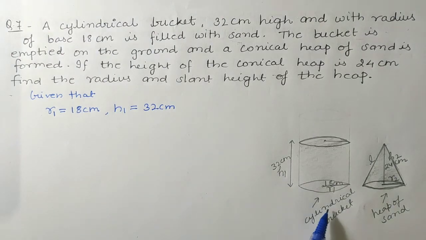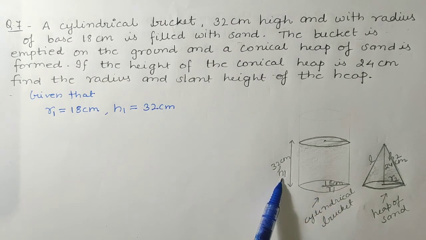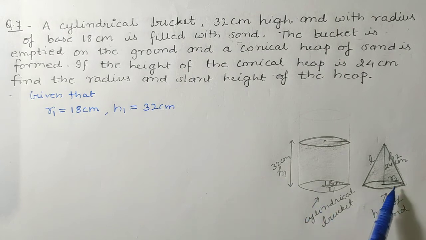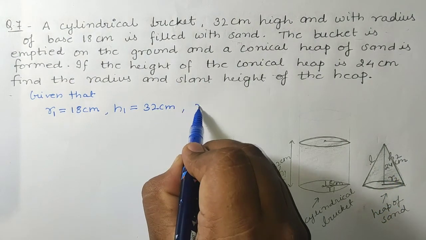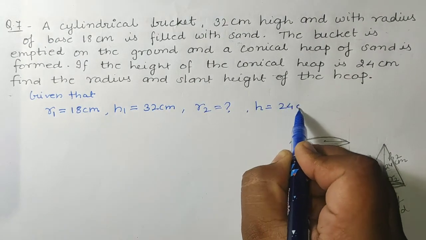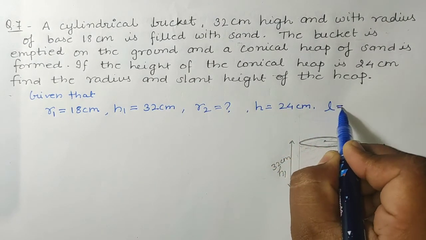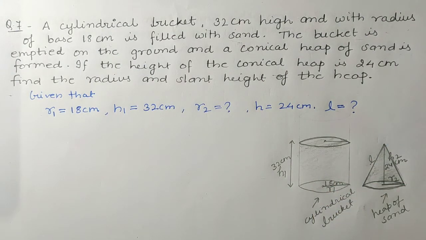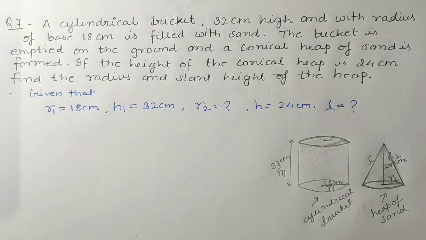Here I have clearly mentioned that we denote the radius of the cylinder by R1 and the height of the cylinder by H1. We denote the radius of the cone by R2 and the height of the cone by H2. R2 we have to find out. H2 is given as 24 centimeter, and L also we have to find out.